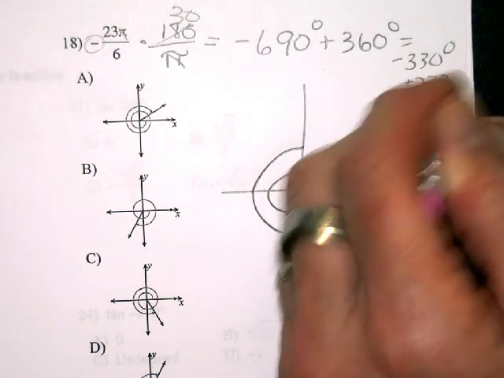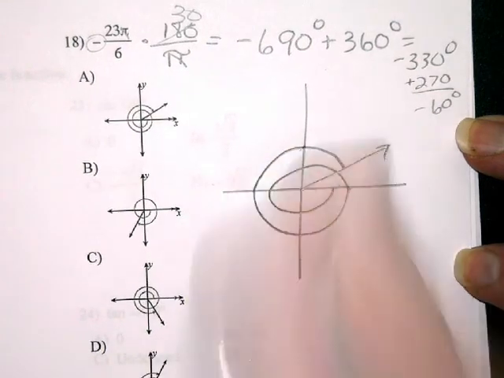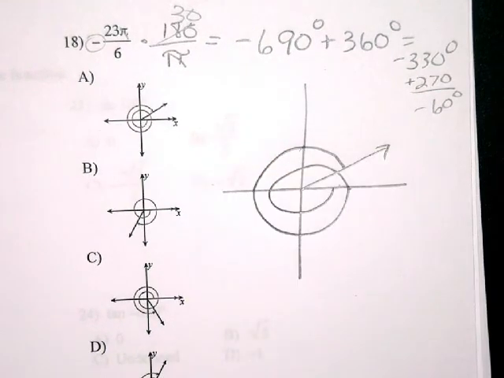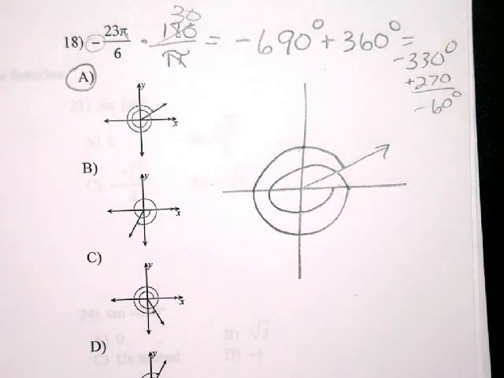Here is 270. I can add that to 270. So I have negative 60 degrees yet. So over halfway. There we go. So the only one with the terminal side that looks like that is A.